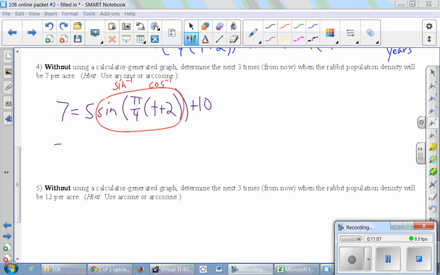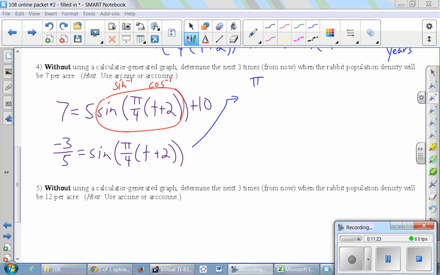So subtract 10, divide by 5, and now the trig function is isolated. And now we'll do inverse sine of both sides. I'm going to swap the sides of the equation here. Negative 3/5, that's good.